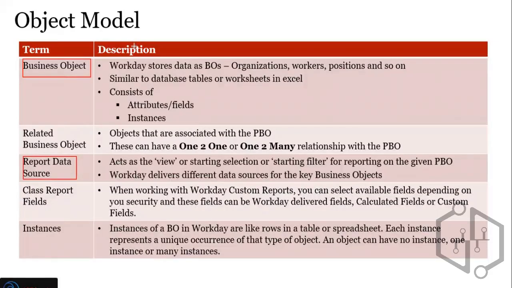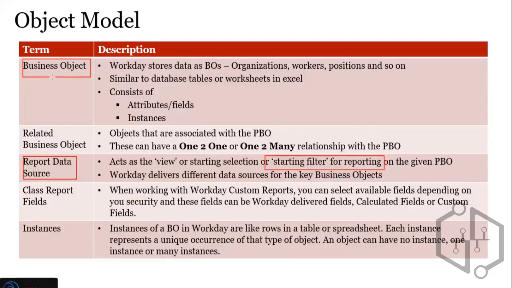Out of these 10,000 workers, there are 500 workers who are terminated, right? So you only need the data for these 500 employees. So you'll select the relevant data source, which only gives you terminated employees. So the data source acts as your filter on the report.